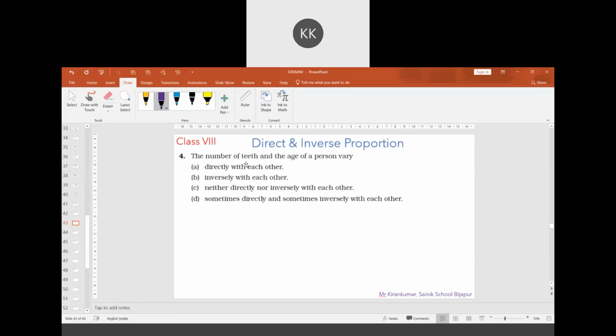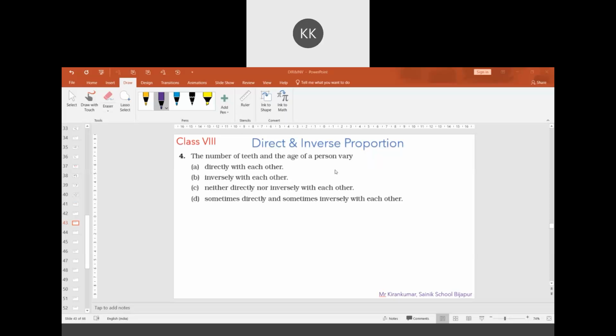Question 4. The number of teeth and age of a person vary. Inversely, sir. Option B, sir. More the age, less the number of teeth. If you consider an infant, a very small child, it will not be having teeth. Once the age of 3 or 4 is reached, the number of teeth will go on increasing.